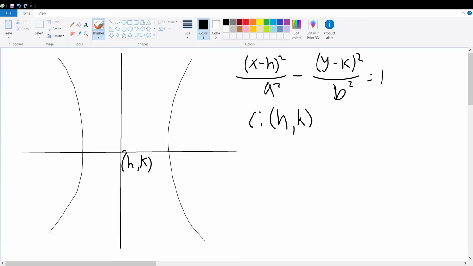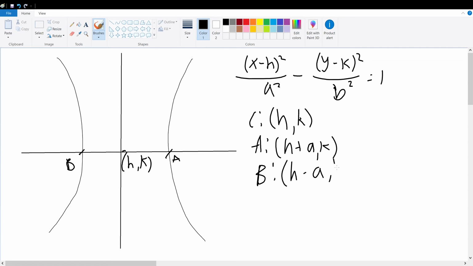Several key points about hyperbolas are that they have two vertexes, the first vertex being right here and the second vertex being right here. The first vertex, which I'm going to call point A, will have the coordinate (h plus a, k), with the second vertex, point B, having the coordinate (h minus a, k).